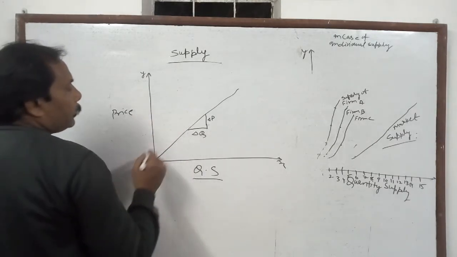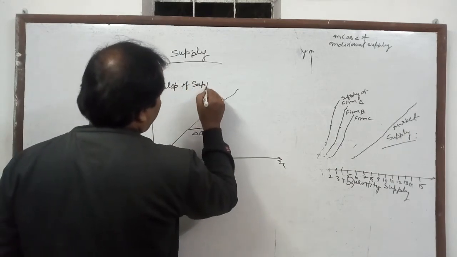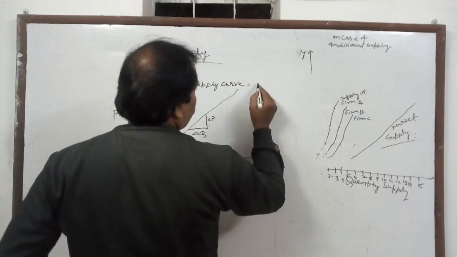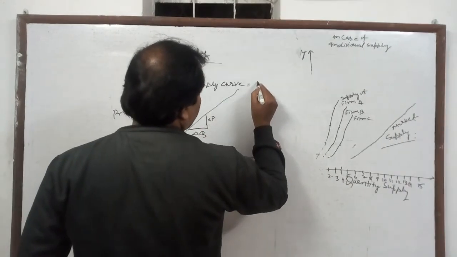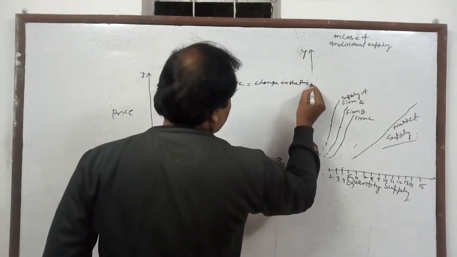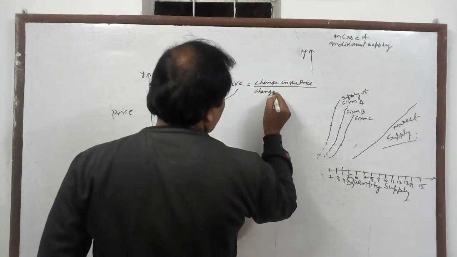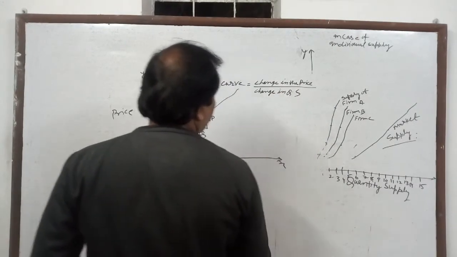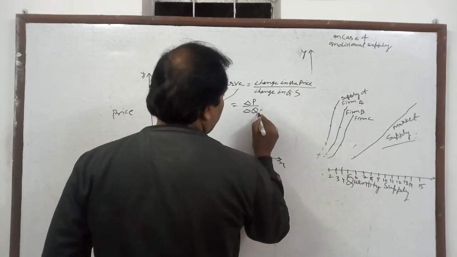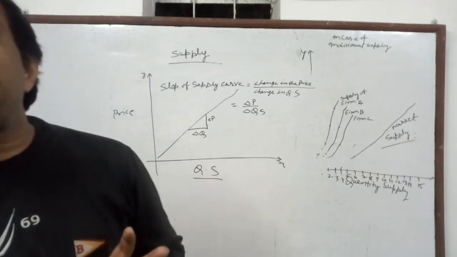So slope of supply curve is equal to the change in the price of the commodity divided by the change in quantity supplied, or you can write delta P divided by delta QS, and this is known as slope of supply curve.